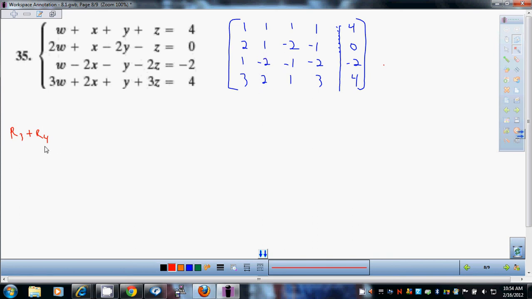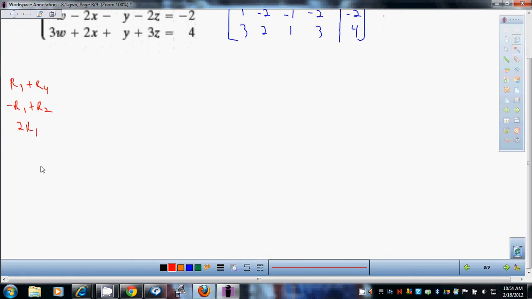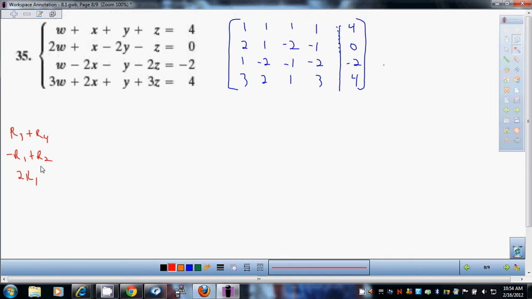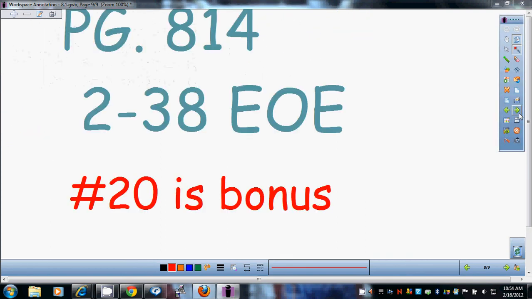So which row do you want to use to do that? This is the simple way. Okay. Do it however you want to. If you want to do it yesterday's way, go ahead.